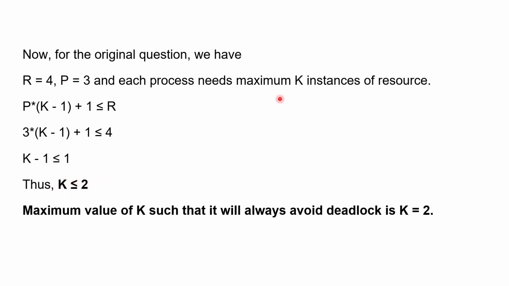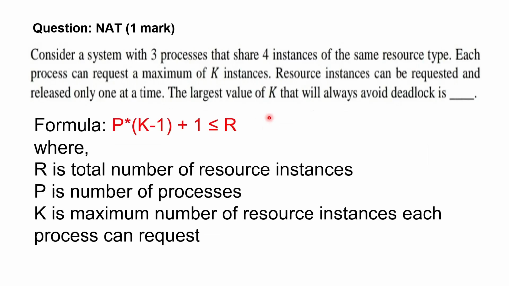That is, if each process requires a maximum of k resources, then the system will not be in deadlock. So the maximum value of k such that it always avoids deadlock is 2. So the simple answer to this question is 2. If each process requires a maximum of 2 instances of the resource, then the system will always avoid deadlock.